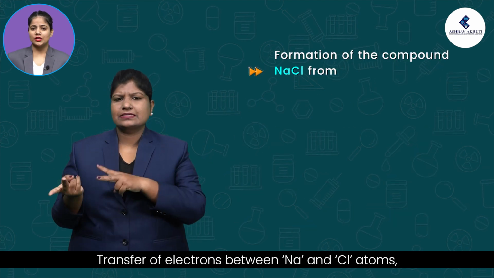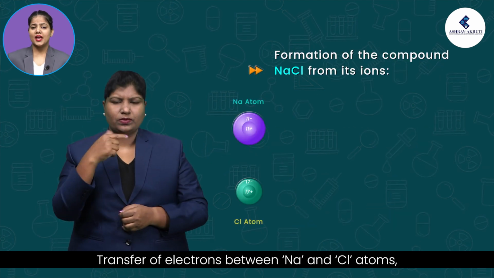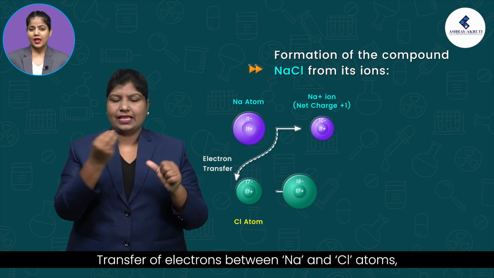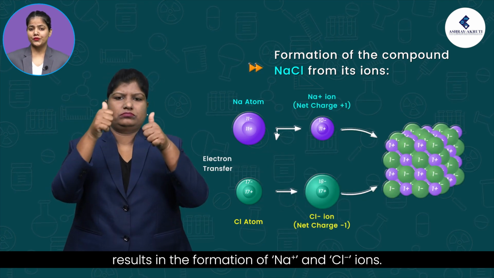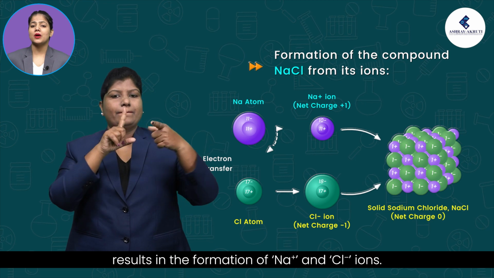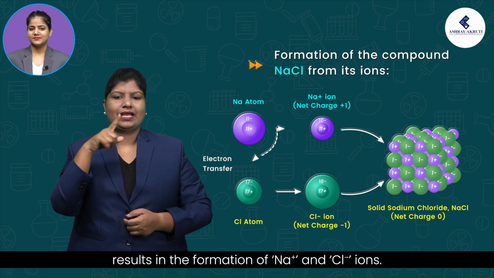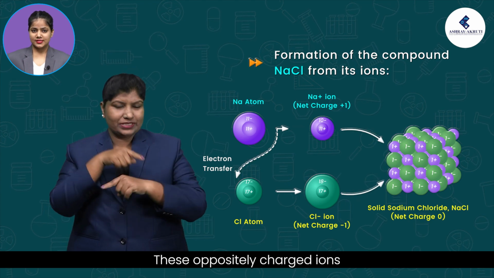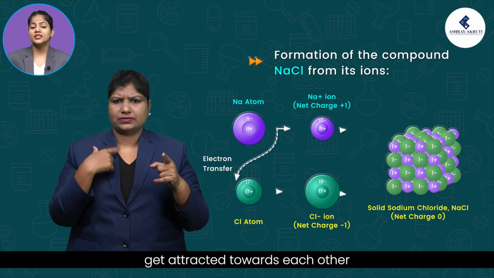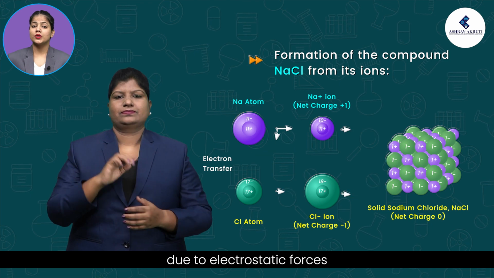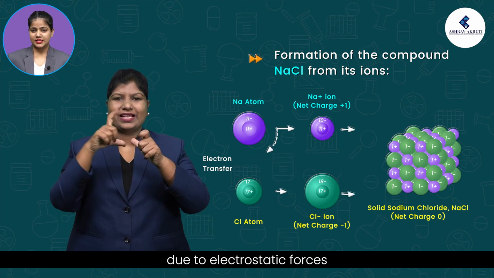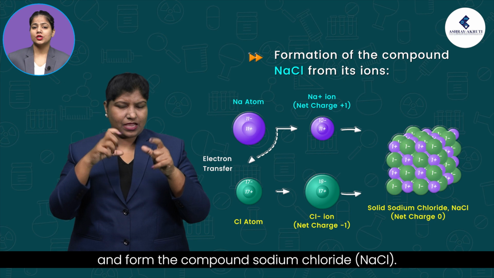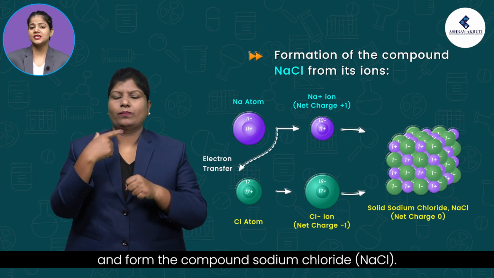Transfer of electrons between Na and Cl atoms results in the formation of Na+ and Cl- ions. These oppositely charged ions get attracted towards each other due to electrostatic forces and form the compound sodium chloride, NaCl.